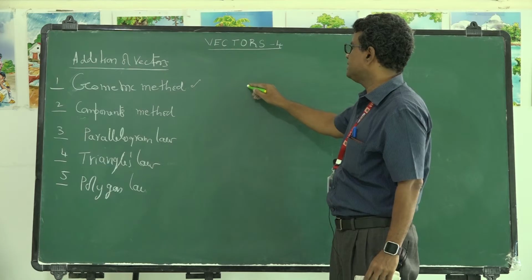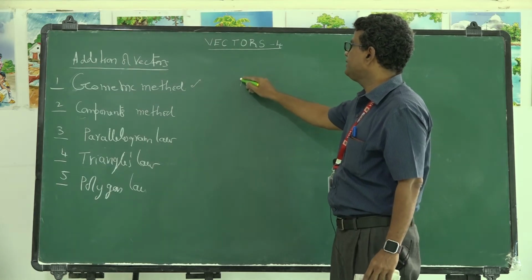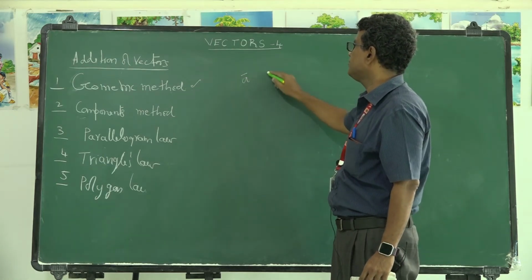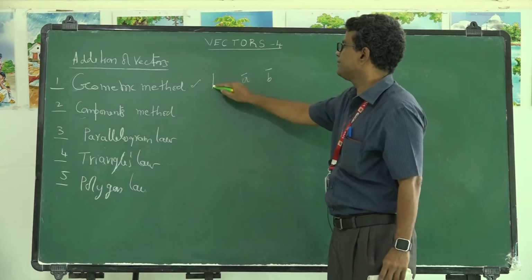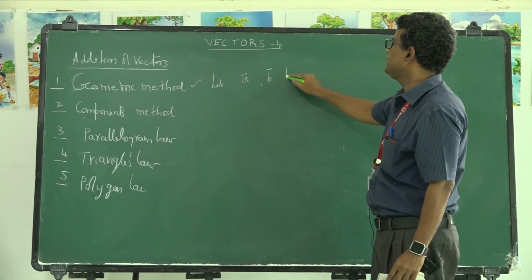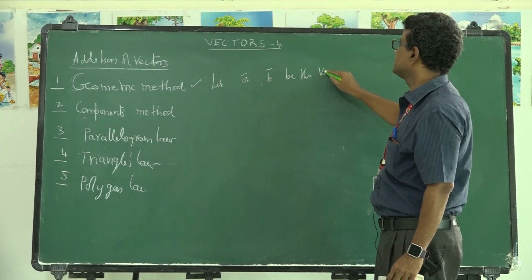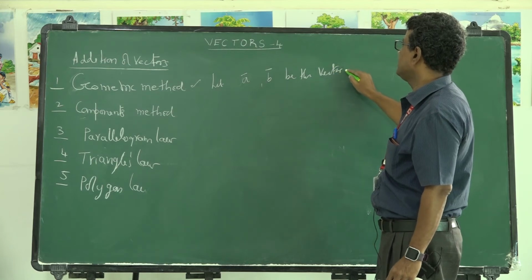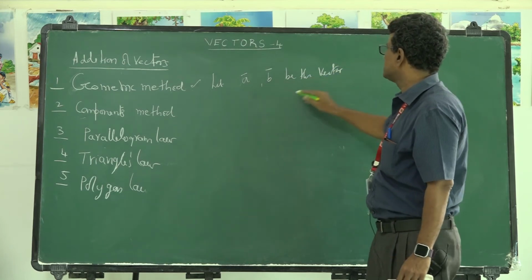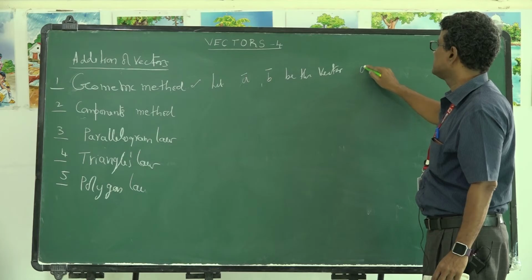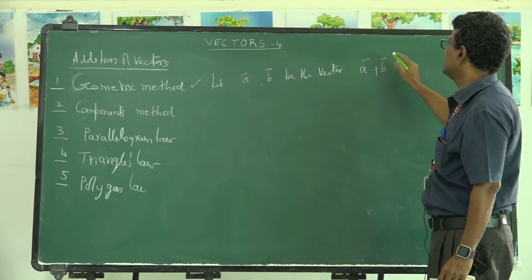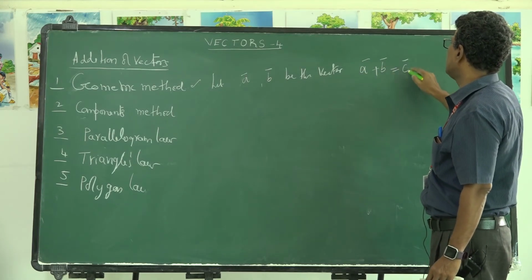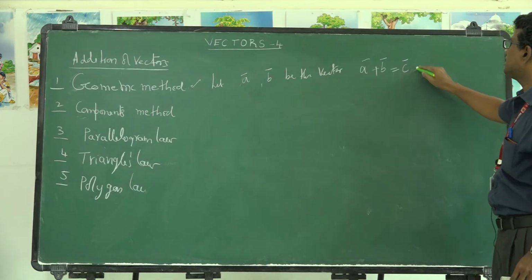What does this method say? If you want to add two vectors, let a bar and b bar be the two vectors. If a bar plus b bar, you will get a resultant c bar.